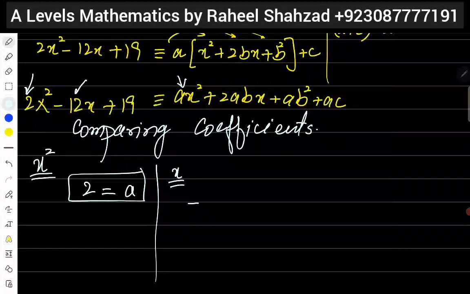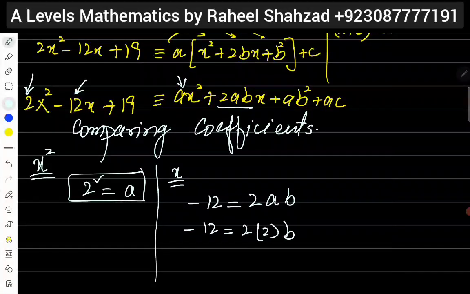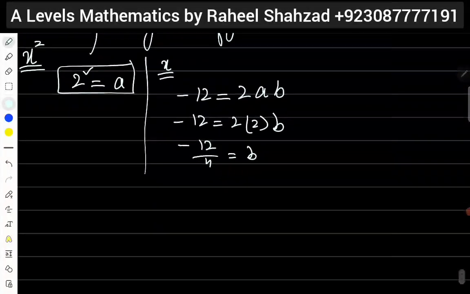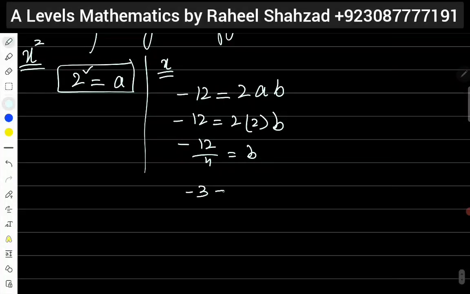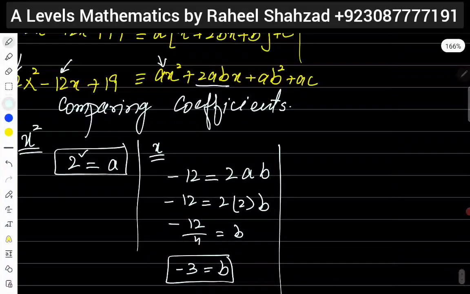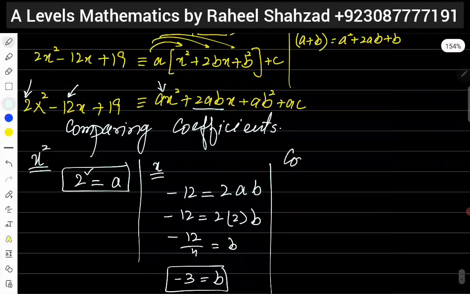On left hand side coefficient of x is minus 12, on right hand side this is 2ab, so 2 times ab, value of a is 2, so minus 12 is equal to 2ab, minus 12 divided by 4 is minus 3, so value of b we get is minus 3, and at the end we compare constants.